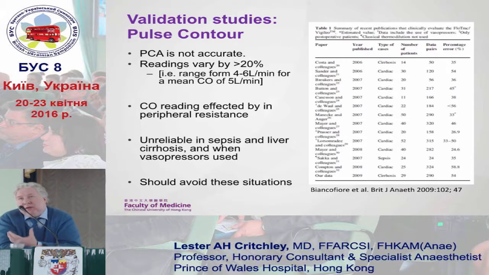If you look at the evidence coming from change in cardiac output studies, you find some very alarming data that shows that when changes in peripheral resistance occur, these systems are very unreliable. So if the patient has a very low peripheral resistance, such as in sepsis or liver cirrhosis, the machines underread.